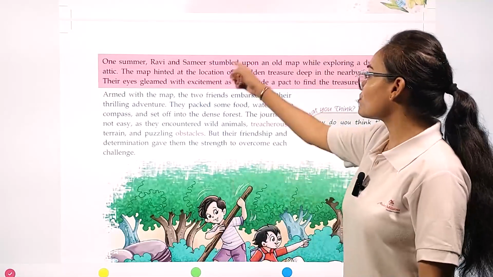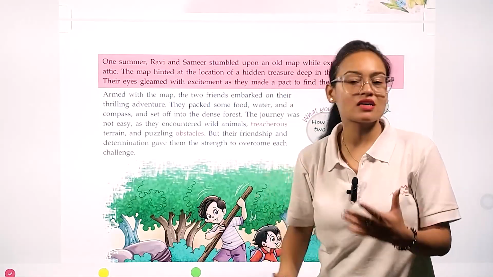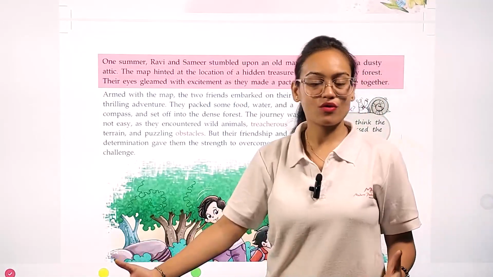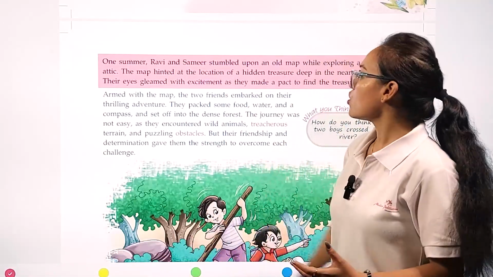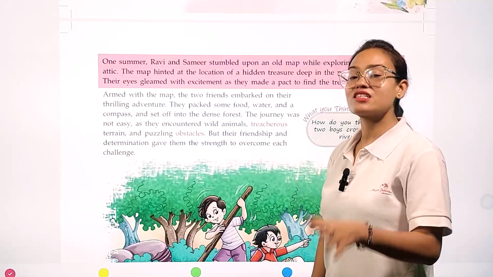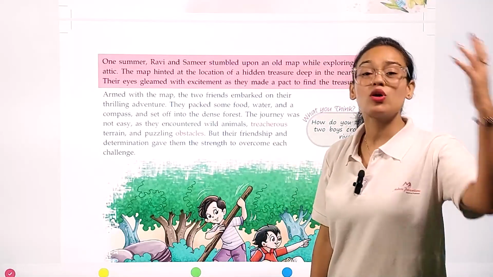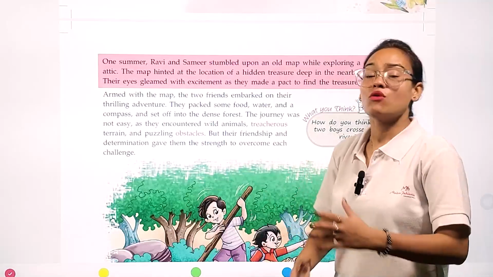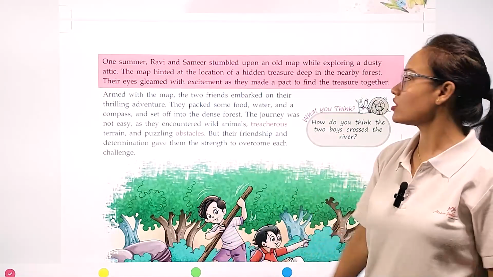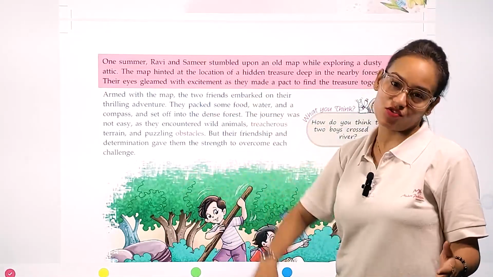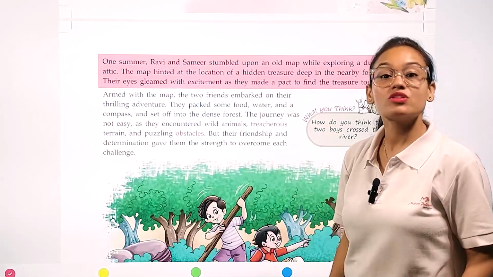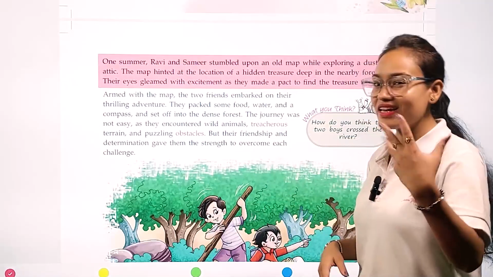My dear students, stumbled means whenever you strike your feet against something. The room contained a lot of dirt and germs, and while cleaning it, Ravi and Samir found a very old map.